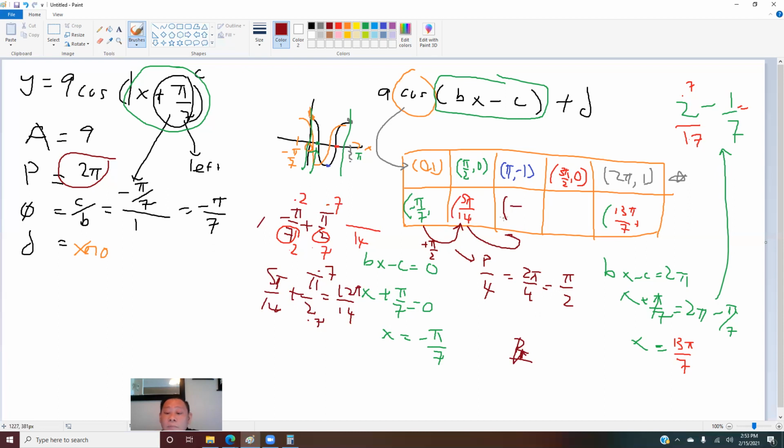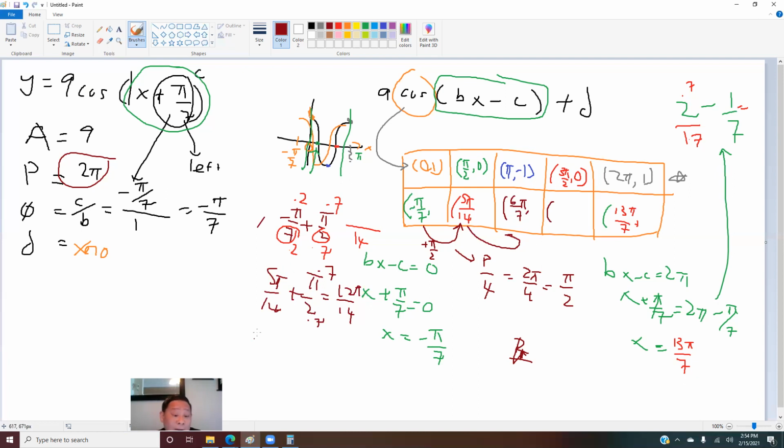Divide by 2, which is 6 pi over 7. Yes. See, that's the reason why you guys are struggling, because of fractions, not because you don't understand this.